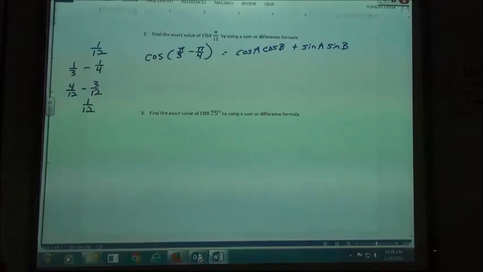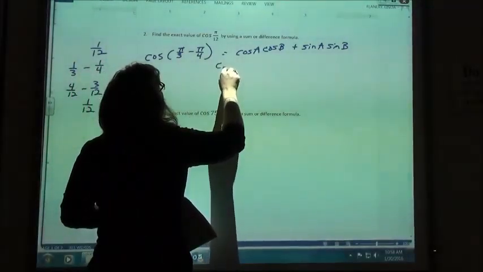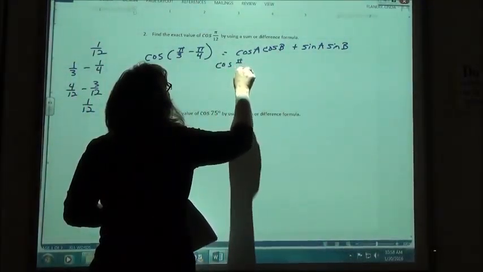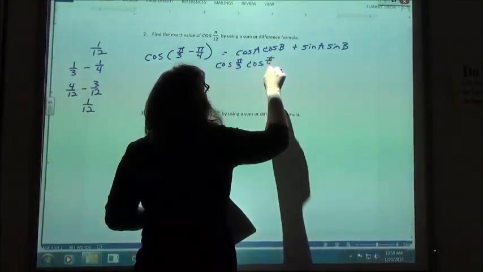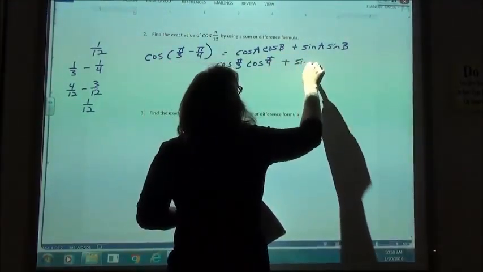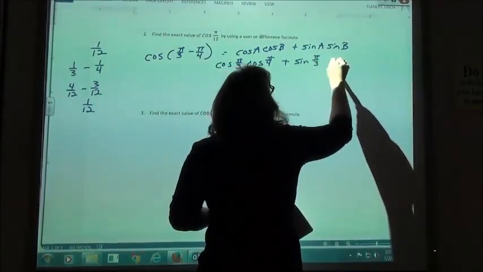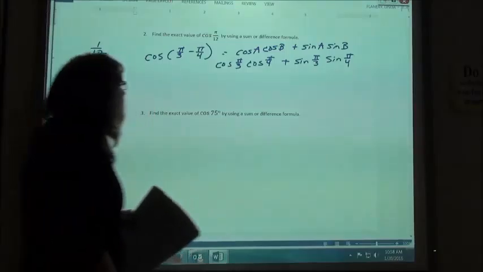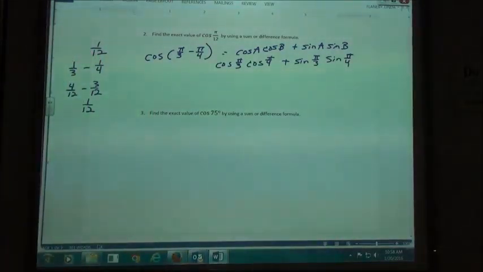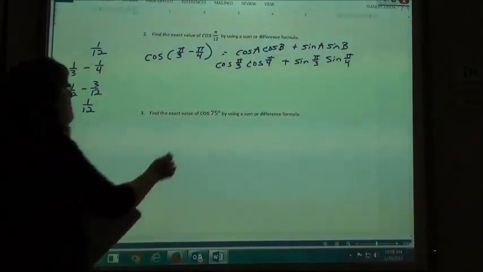So I'm going to do the cosine of pi over 3, cosine of pi over 4, plus the sine of pi over 3, and the sine of pi over 4. Again, looking at my table, cosine of pi over 3 is 1/2.